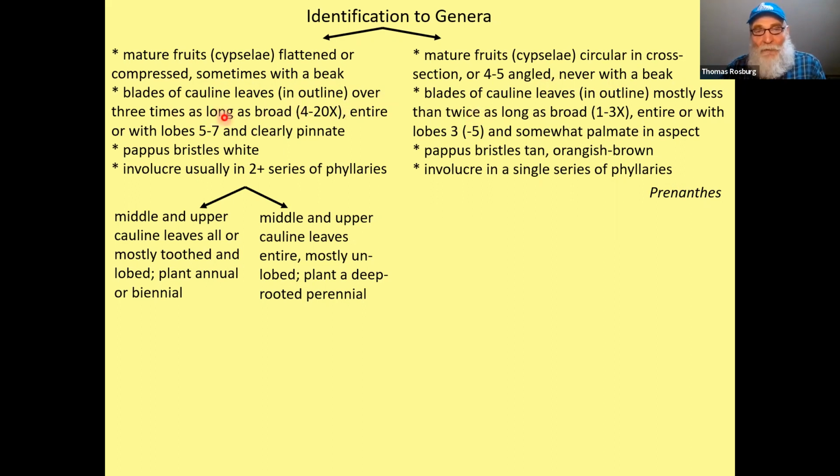There is some difference in the length to width ratio of the leaves, the cauline leaves, the leaves that are on the middle part of the stem, looking at just the blades here. What this is saying here for Lactuca and Mogideum, I'll go ahead and put those two genera in here.